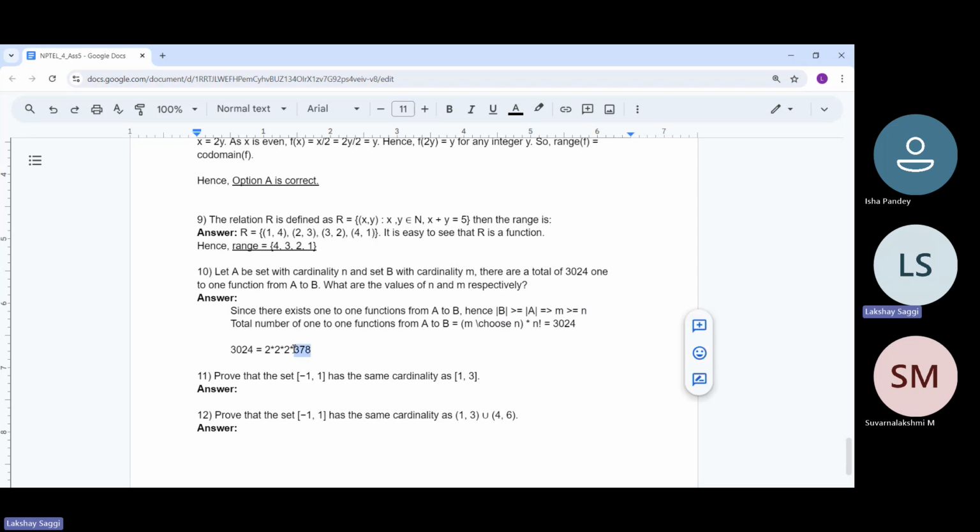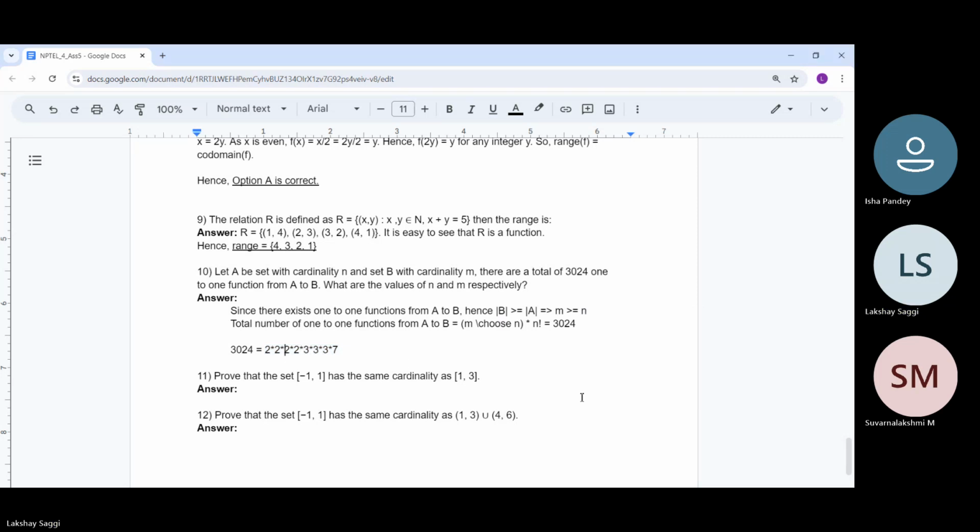And 378 divided by 2 will give us 189. And 189 can be divided by 3 to give us 63, then 21, then 3 again, then 7. I'm not doing anything fancy, I'm just calculating orally what the prime factorization for 3024 will be. So note that 3024 will be nothing but equal to this. You can easily verify it yourself also.